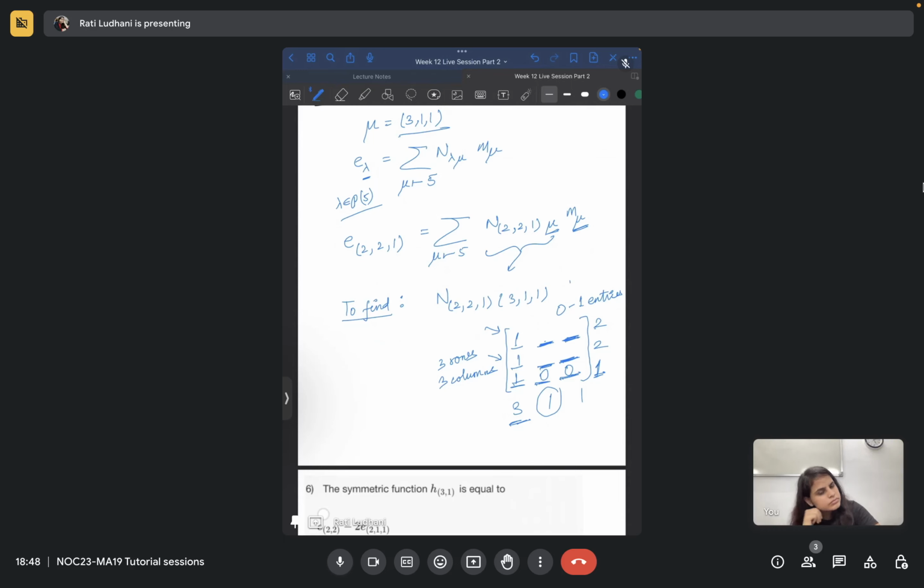And in the second row, either second column 1 or third column 1. So this could be 1 0 or 0 1, and again this could be 1 0 or 0 1. So the combination could be 1 0 or 0 1, or 1 0 or 0 1.